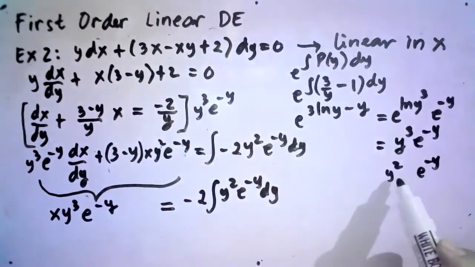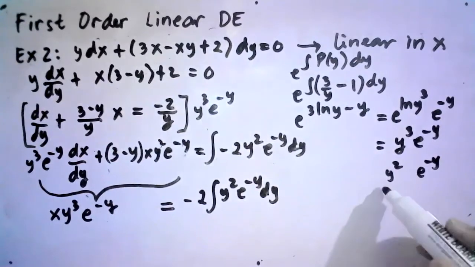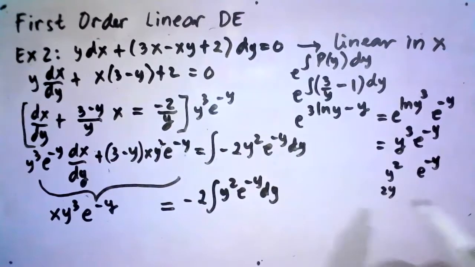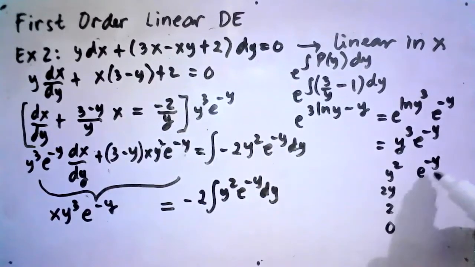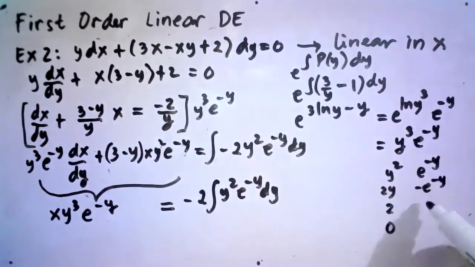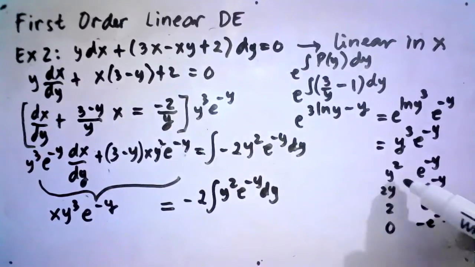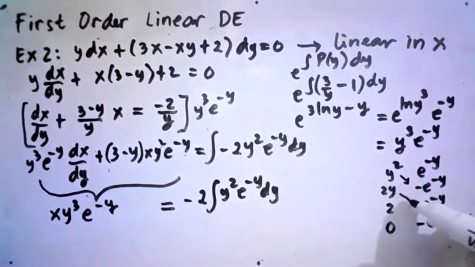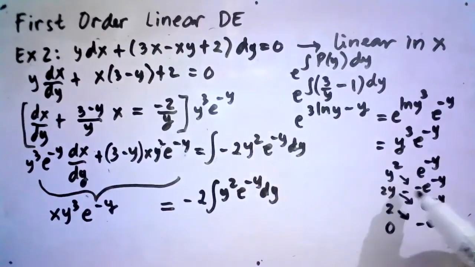And then for our u, we take the derivative, that is 2y, the derivative of 2y is 2, and the derivative of 2 equals 0. And then we integrate dv, that is negative e negative y, and integrating again, negative negative becomes positive e negative y, and then the integral is negative e negative y. And then we will combine this one. Plus, minus, plus, so this is minus.